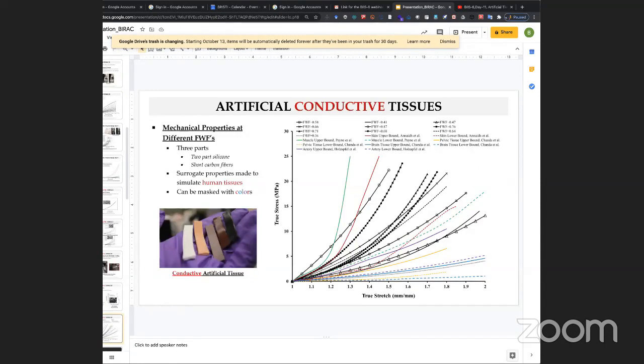Okay, so now a kind of summary on the conductive soft tissues, artificial conductive tissues. If you look here, you will see a bunch of colored lines. All the colored lines are real tissue properties from the human body which are being tested, and all the black dotted lines and legend lines which you're looking at are the artificial tissue compositions.